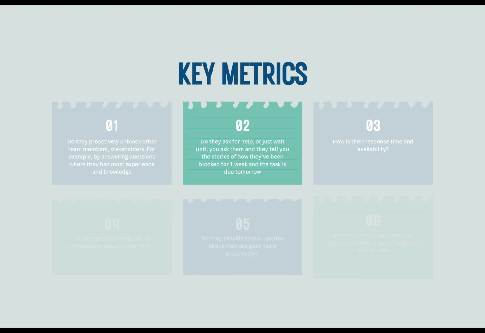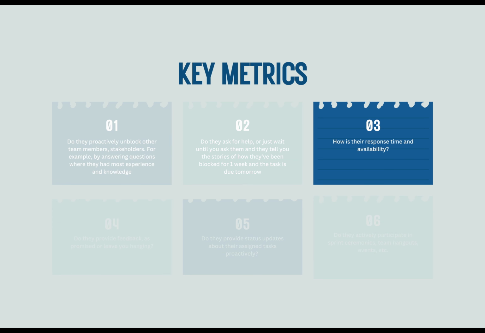And if one deadline is missed, two deadlines are missed, before you could say Jack Robinson, the whole project is missing deadlines because somebody just did not ask the right question or refused to ask for help when they needed it. So it's very important you consider this metric when you are doing the performance review for an engineer, especially when it comes to their communication.